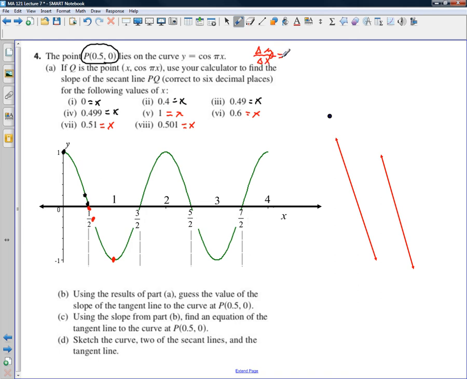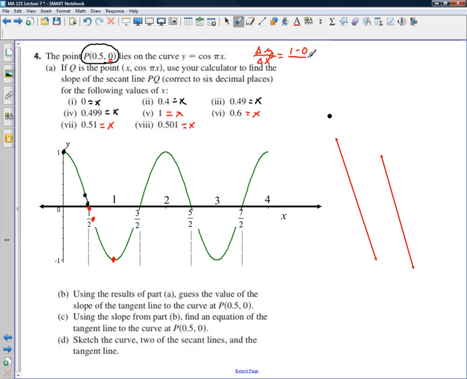And that's going to equal, well, we did it with the cosine of 0 now is 1 minus the given 0 for the point.